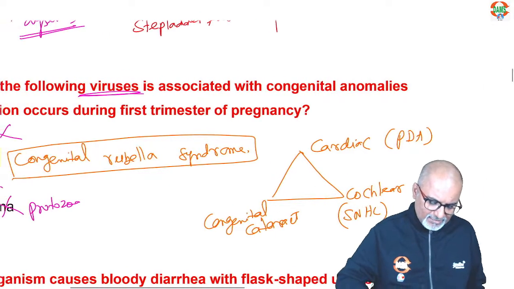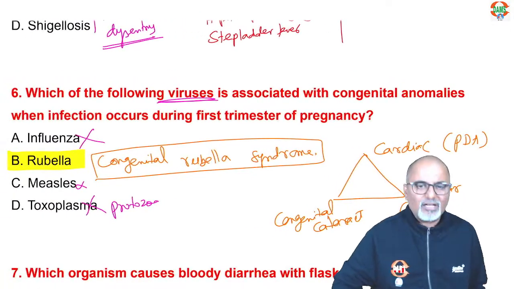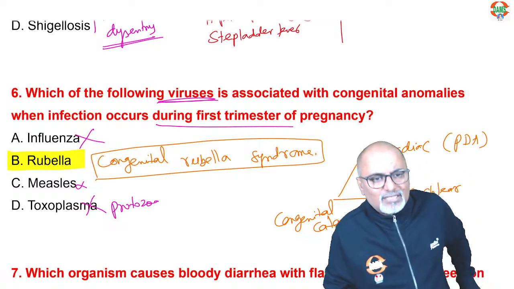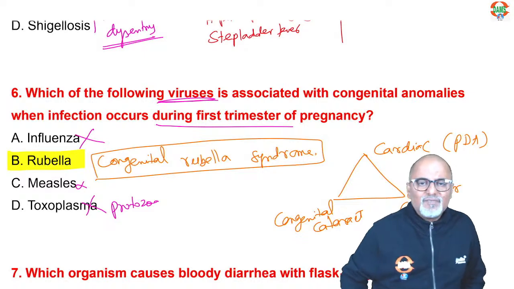Rubella damage is most common in the first trimester. Virus is the first clue, and another clue is first trimester.